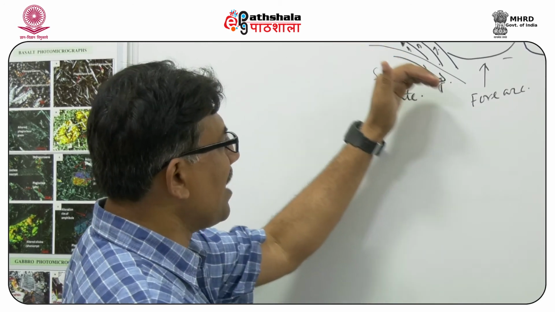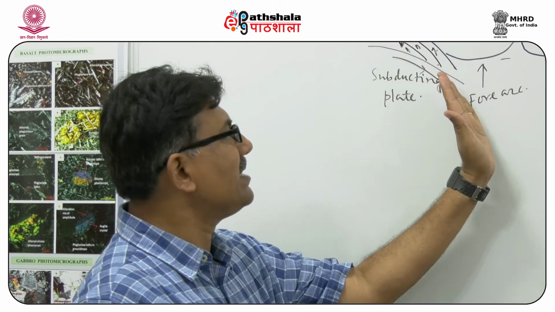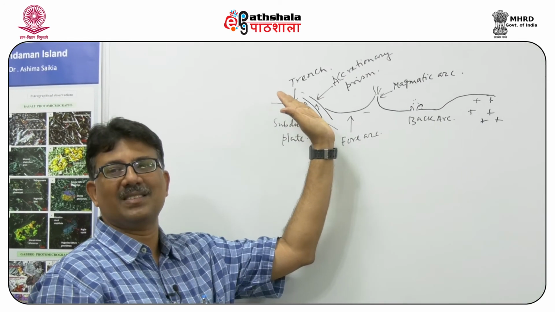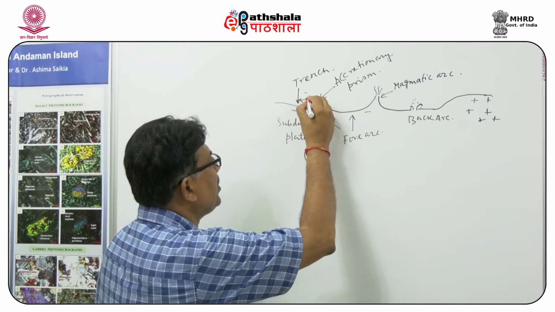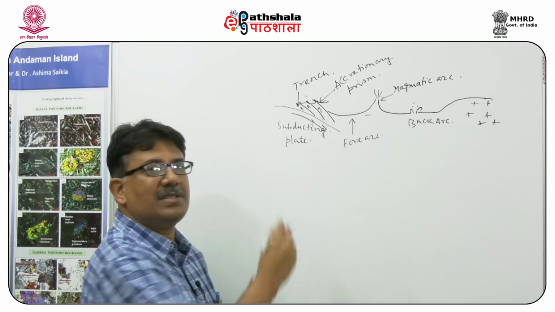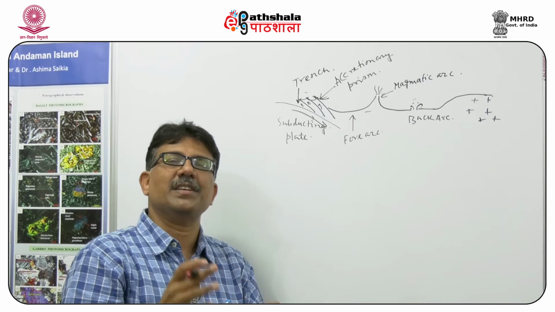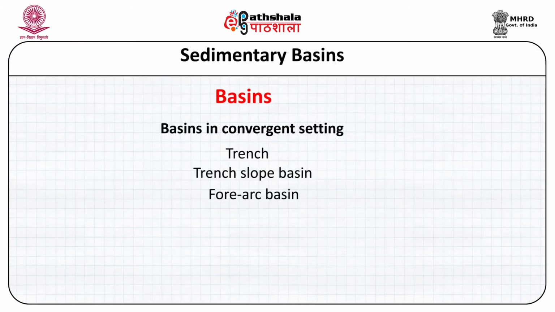So, as it is subducting, the material scraped from it gets emplaced on it by means of low angle thrust. And the basins which form between these different thrusts that are emplaced, those are the trench slope basins.